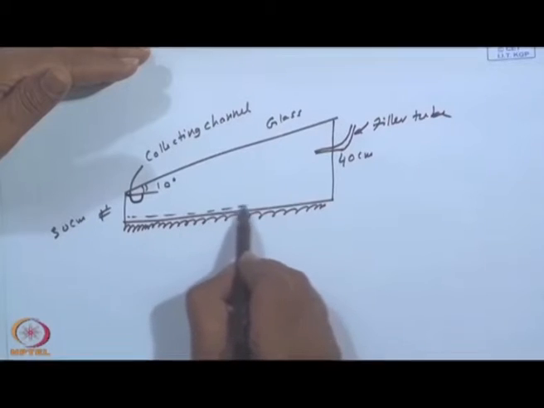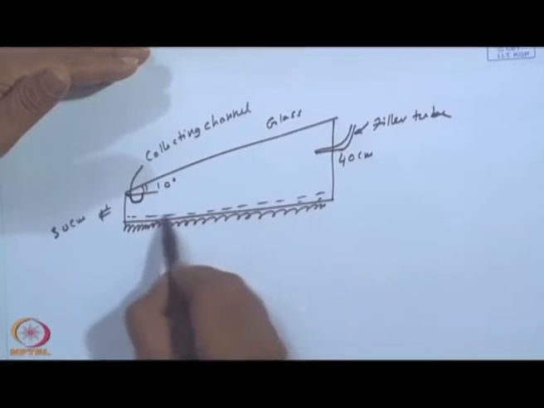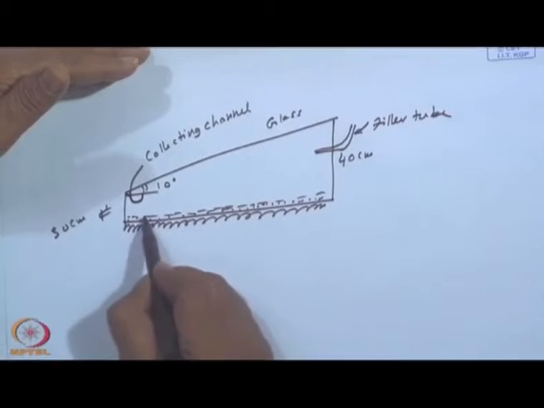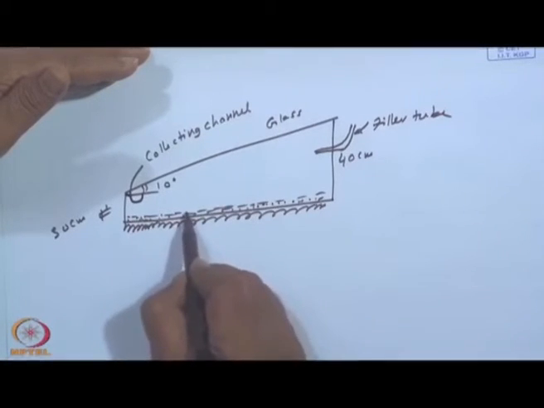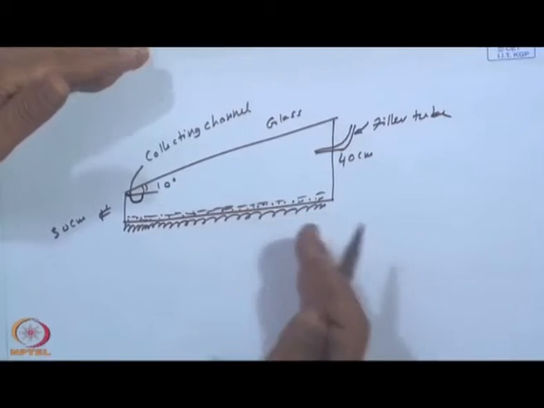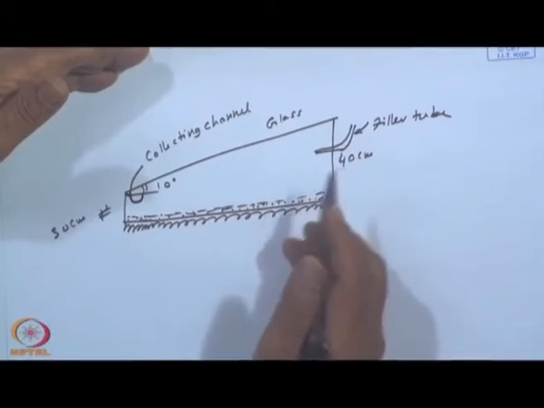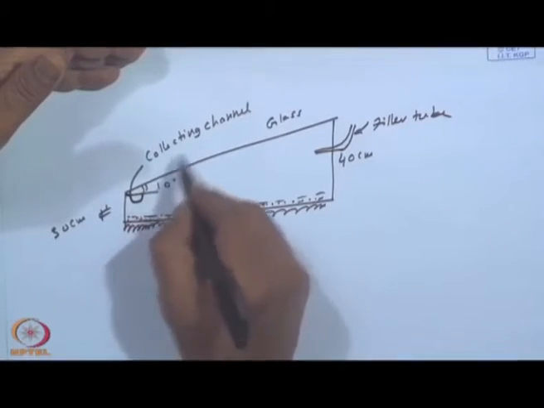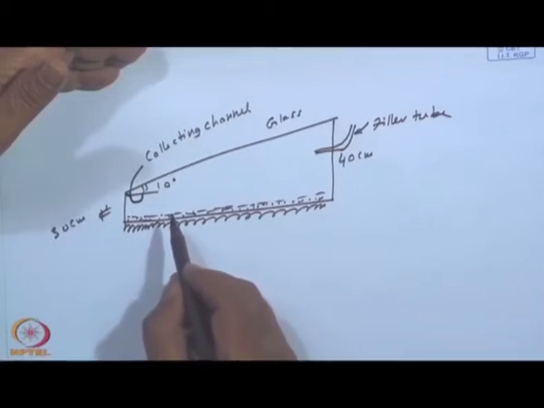You have a layer of water, maybe 2 inches, because if it is too much, the heat capacity will be large, and consequently to heat that much larger quantity of water takes more time. At the same time you do not want to have dry patches. And this is the collecting channel which I have mentioned.